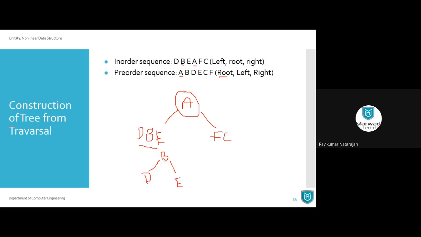How about F and C? In pre-order I'll be checking that, right? I mean this for F and C. C comes first, so I'll take that. And what is there in the left side of C? F. So I will draw it in the left side. This is how you should finish it.